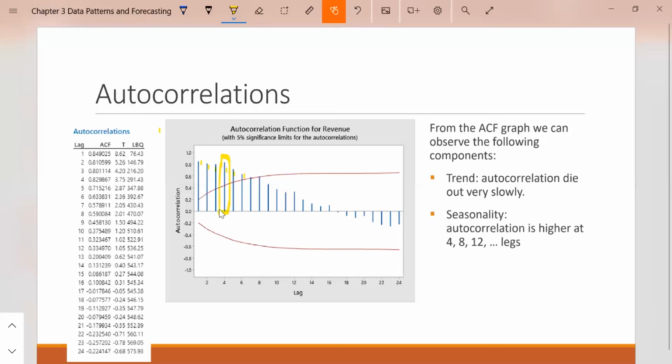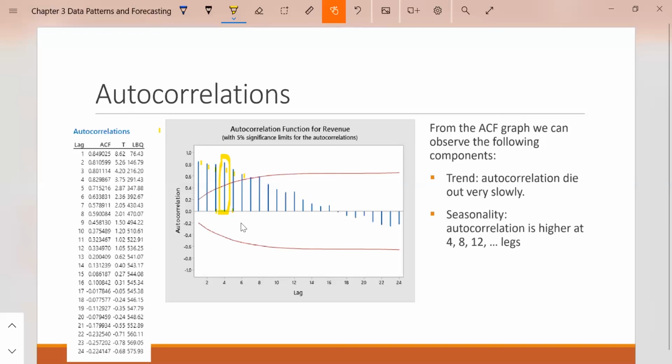Okay, first of all, at lag 4, autocorrelation is significant. Second, you can also see that this autocorrelation is greater than the one in lag 3 and also greater than the one in lag 5, indicating that we do have seasonality.